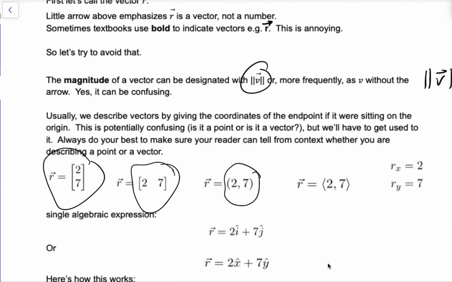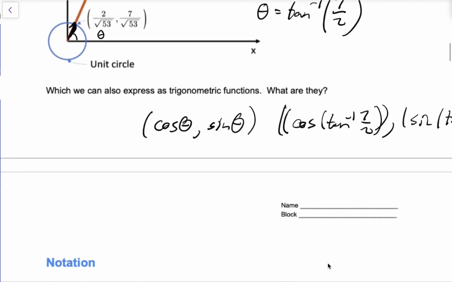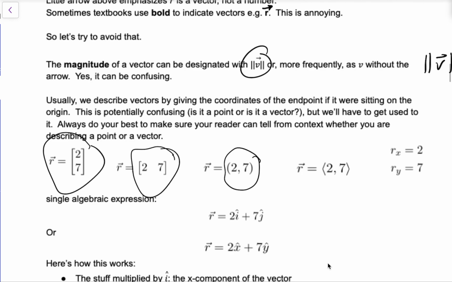And even though I did it on the very first page over here, I recommend not using this notation because it is ambiguous. It could be looked at as an ordered pair, and we want to indicate that it really is a vector. So we want to use something that is specifically designed for vectors.